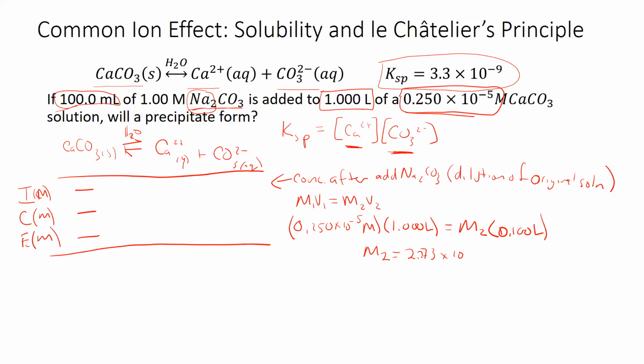I lost a 2 looking down at my paper. 2.273 times 10 to the minus 5 molar. Can't have a higher concentration after a dilution. So those are both going to be 2.273 times 10 to the minus 5 molar.